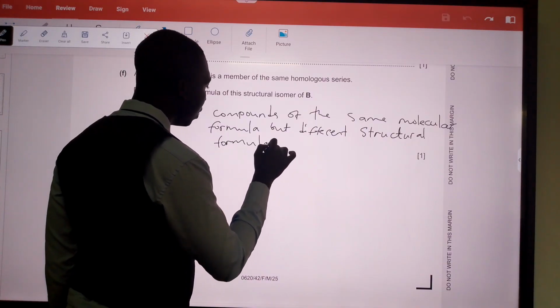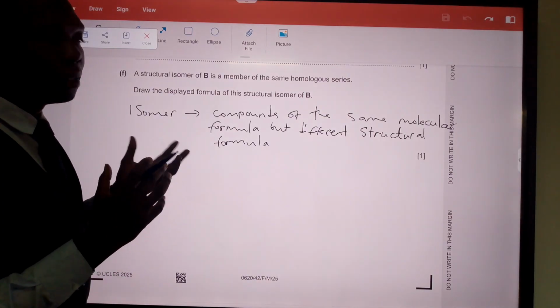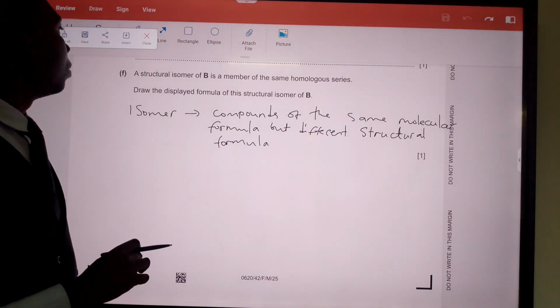So this is the definition of isomers. They have the same molecular formula, but they have different structural formula.